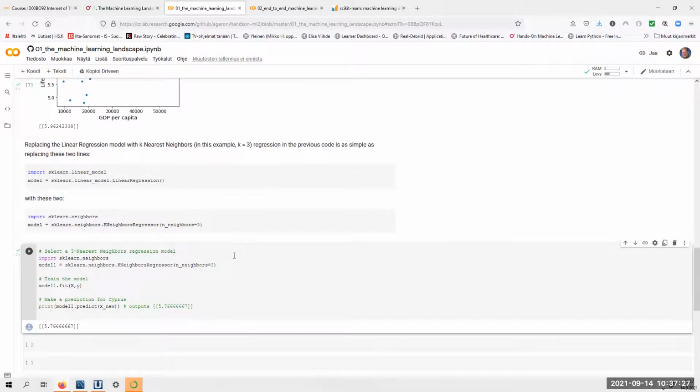I don't know exactly how the k nearest neighbor regressor calculates the model, but I think it's some kind of, it takes some 3-point average, I would guess, according to the name of the function or method.